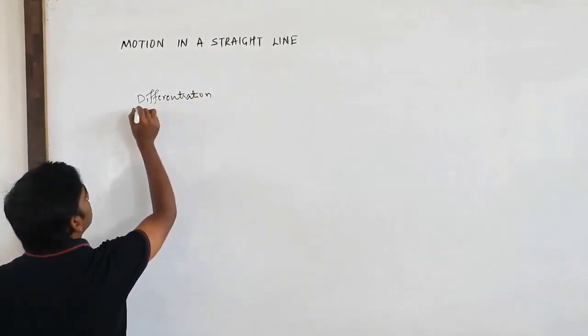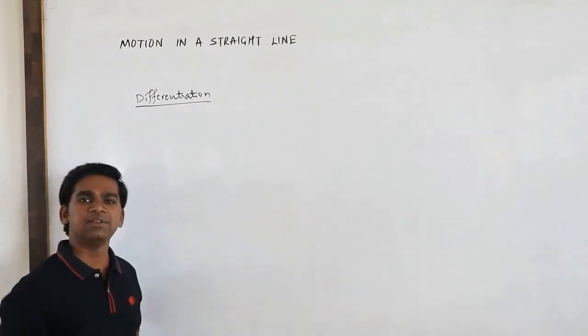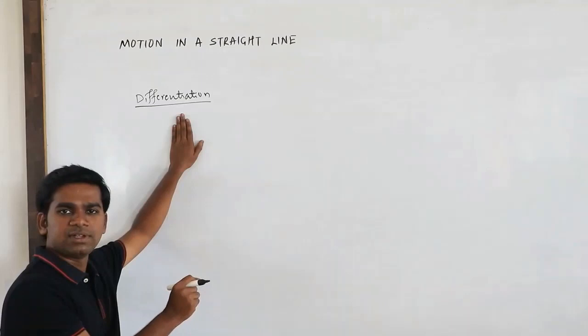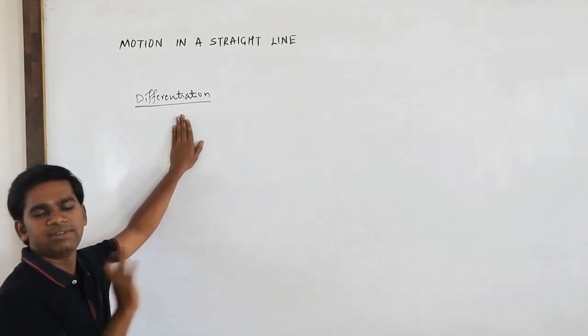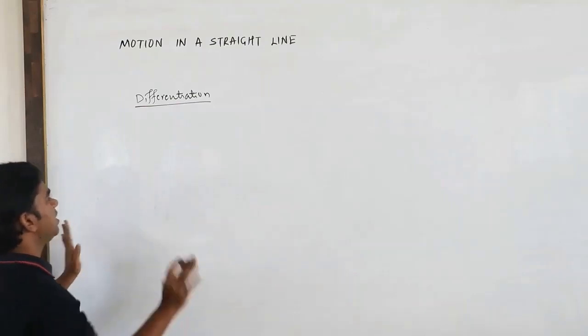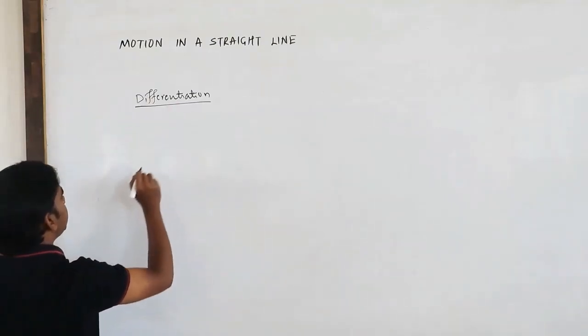Remember, it is not a small chapter, it's a very big chapter in mathematics. I will take only the part that is required for our calculation, so try to understand only that much. Don't worry about the whole of differentiation.